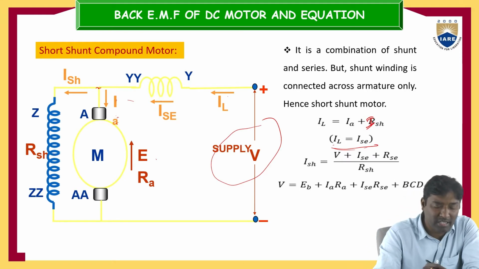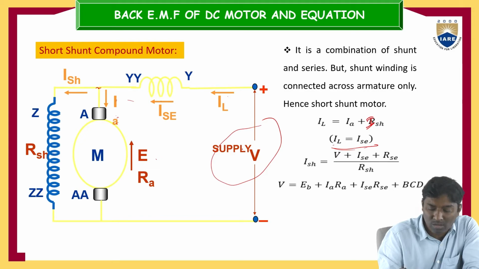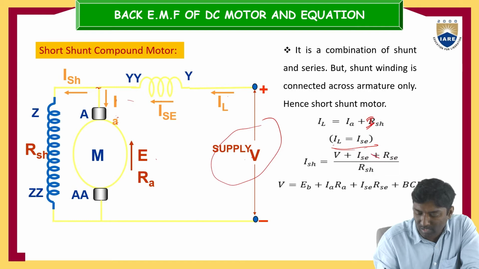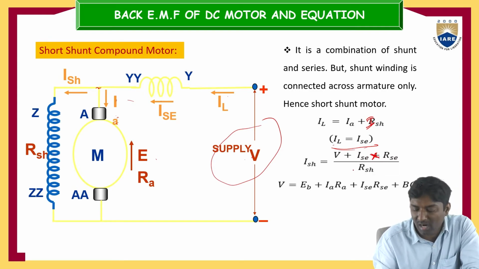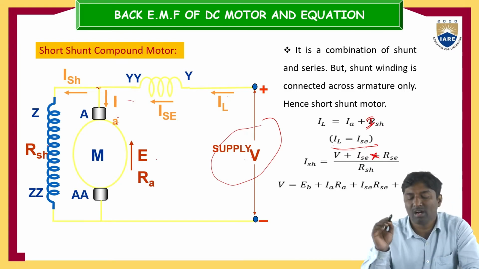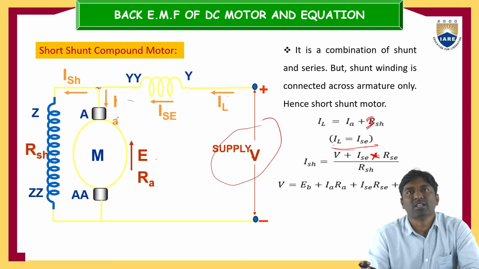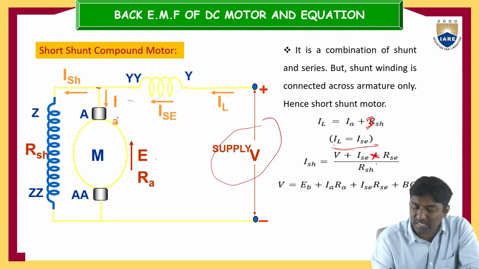So now what can you write? ISH is equal to, what is the voltage here? V plus ISC into RSC, divided by RSH. Because this is ISH. Why am I getting V plus ISC into RSC?